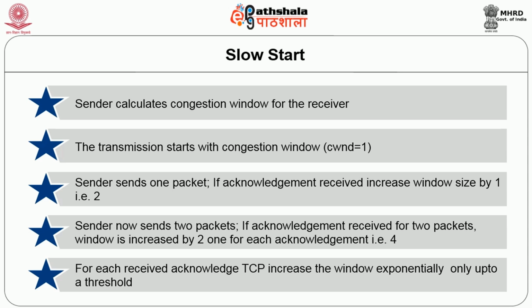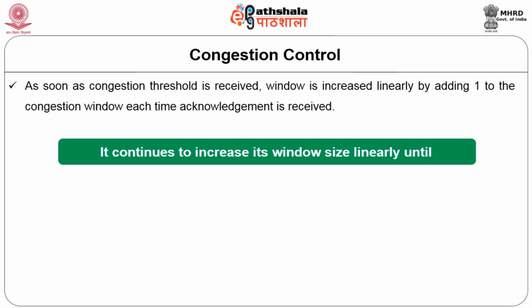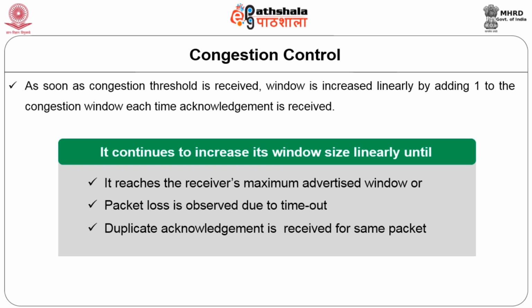Now, does the window size have to be increased exponentially indefinitely? The answer is no. Again, it will increase the overload. So, it is increased only up to a threshold value. From here, the next step starts, which is known as the congestion avoidance phase.